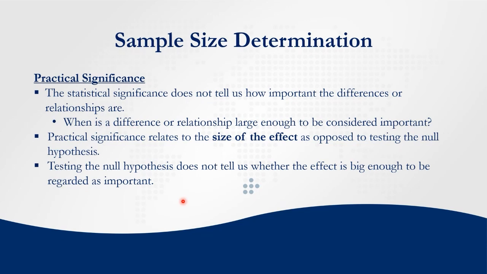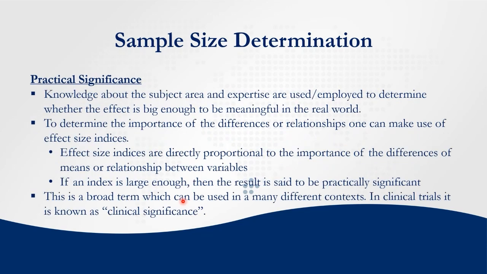So in terms of practical significance, you can use your knowledge about the subject matter, your expertise, to be able to say, if the blood pressure is reduced by 1 unit, does it actually change someone's life, or maybe for us to start to see a difference in the quality of life, the difference has to be 10 units.